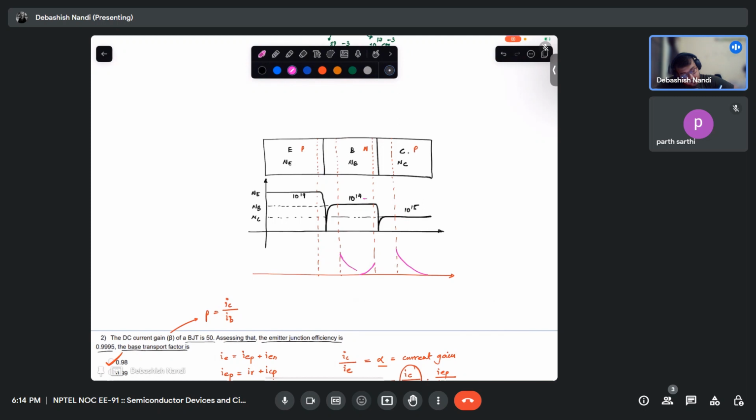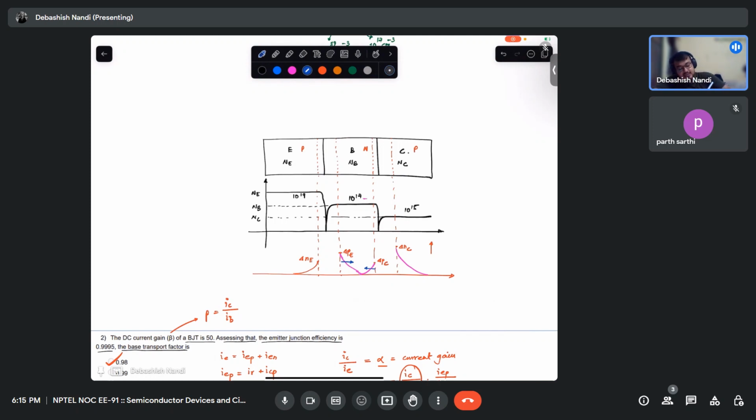So if you dope this junction higher, these are the excess carrier concentrations: delta NC, delta PC, delta PE, and here delta NE. These holes will try to diffuse this side, and this will try to diffuse this side, right?